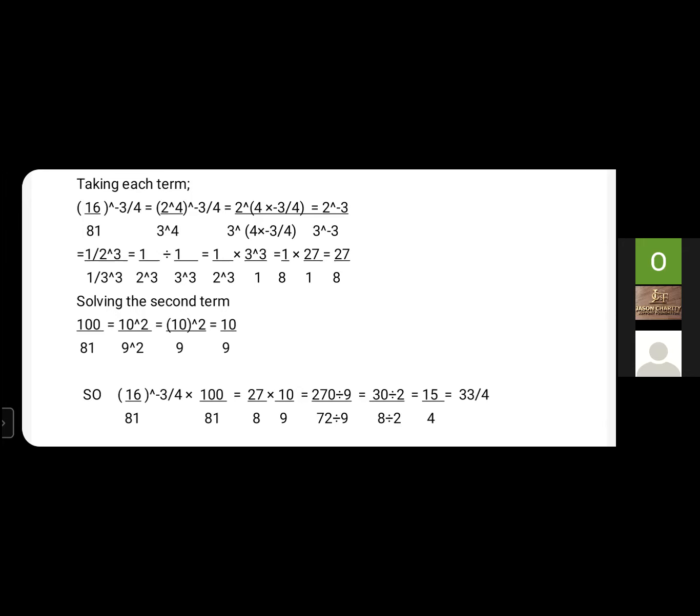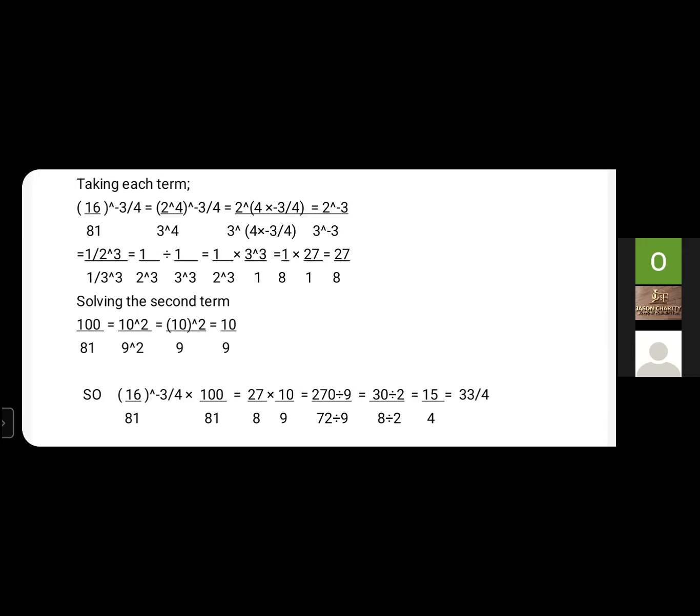We have to express the base in this form, which is 16 over 81, as a multiple of the denominator of our power, which is 4. That is, you are breaking 16 down, and you're also breaking 81 down to a multiple of 4.